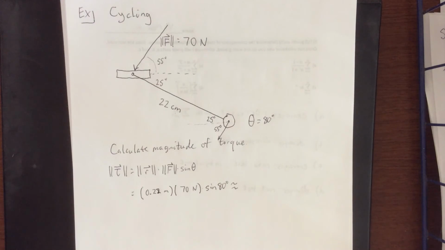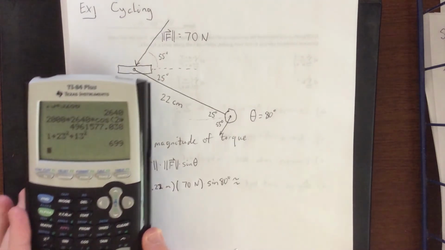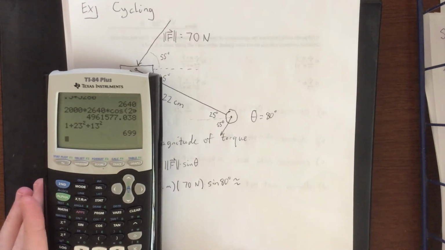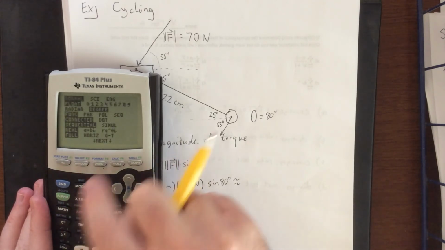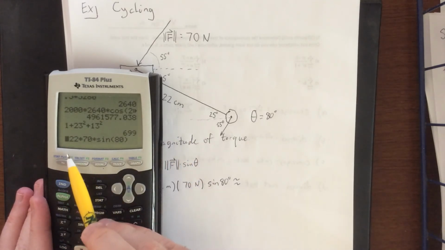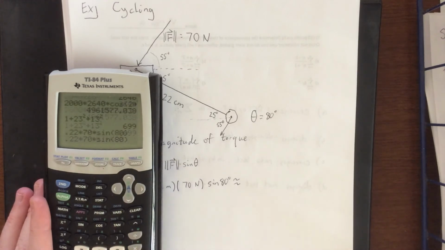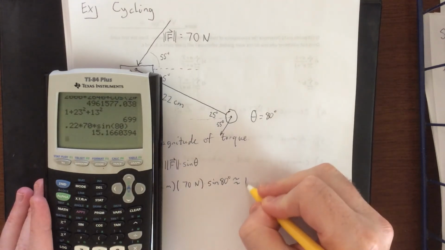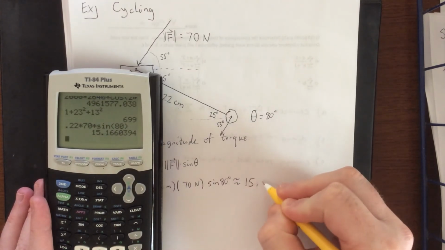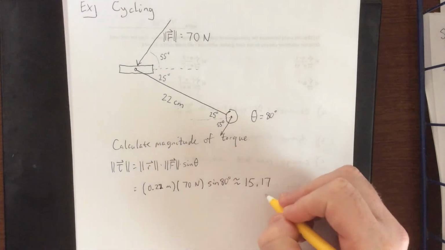For good measure, let's round that off at the second decimal place. Grab our handy dandy graphing calculator. Make sure that we're still in degree mode up in the mode menu. Looks good. 22 centimeters, 70 newtons, sine of 80 degrees. Looks like we are dealing with a total of 15.17 approximately.